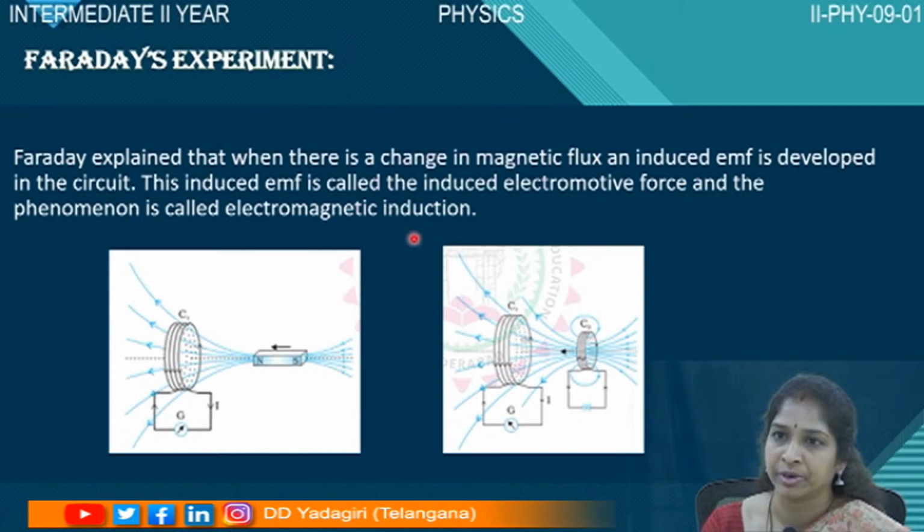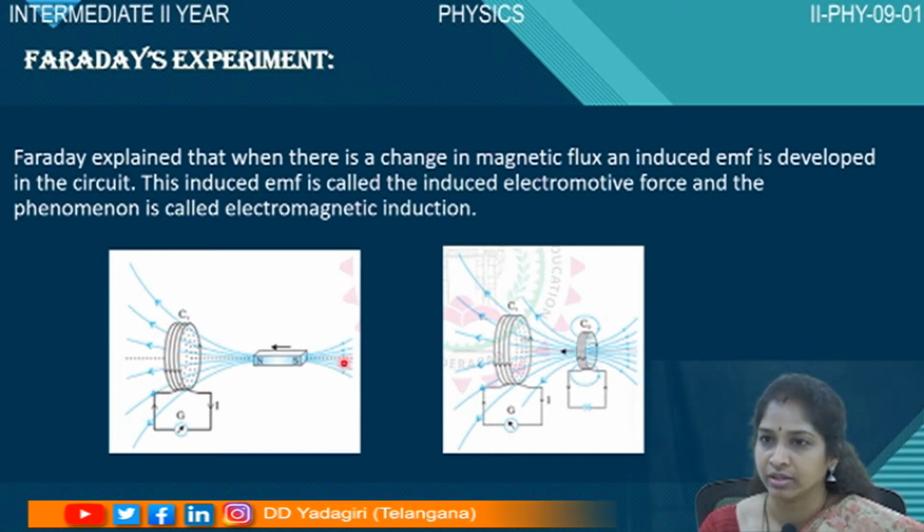That is what this chapter is about. Faraday performed many experiments, and using these experiments, he explained two laws. Those are Faraday's laws, which are very important for 2 marks in the exam.